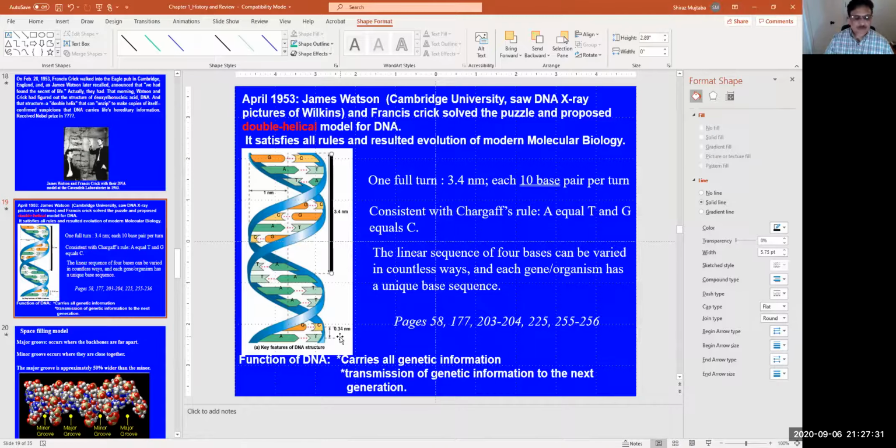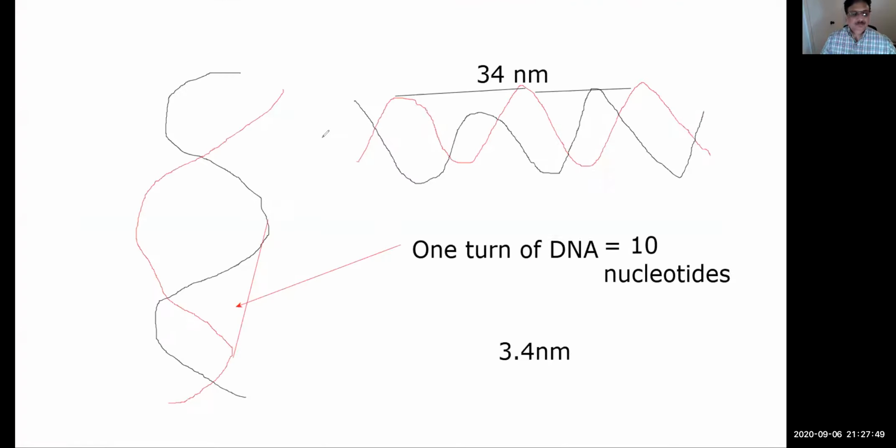Now, look at the architecture of the DNA molecule. Because of these turns in the DNA, if you look more carefully, I'll go back again to explain this on the whiteboard. If you look at the way the two strands are intertwined, it creates a groove. So let's say this is the groove.